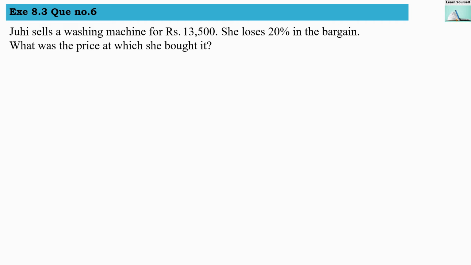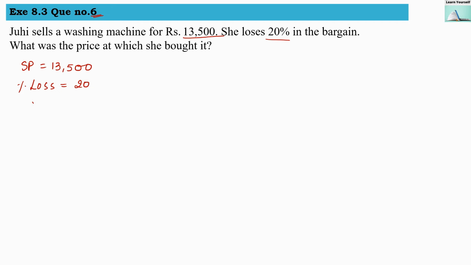Exercise 8.3, question number 6. Juhi sells a washing machine for rupees 13,500. She loses 20% in the bargain. What was the price at which she bought it? Here we have the selling price, that is 13,500, and we have the percentage of loss, that is 20%.